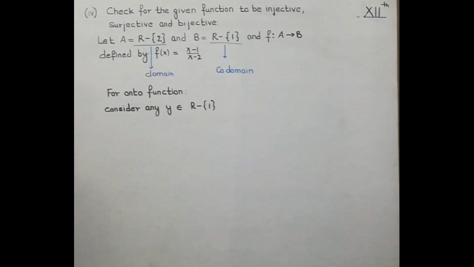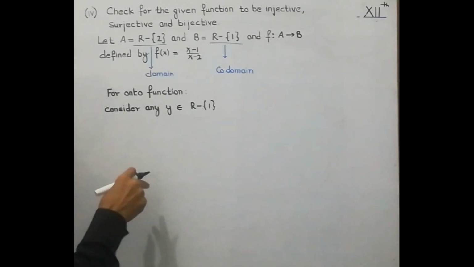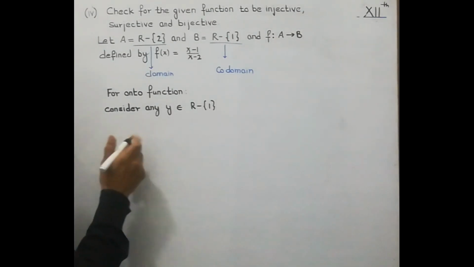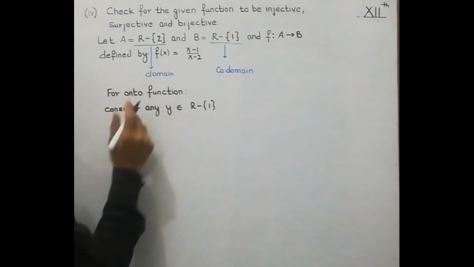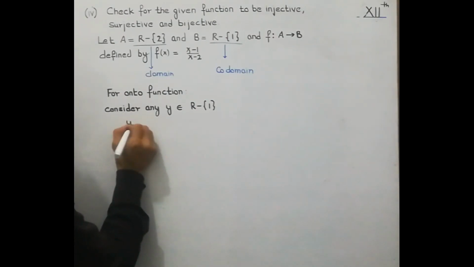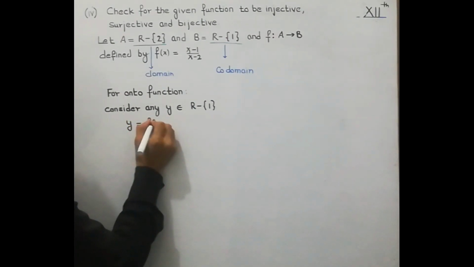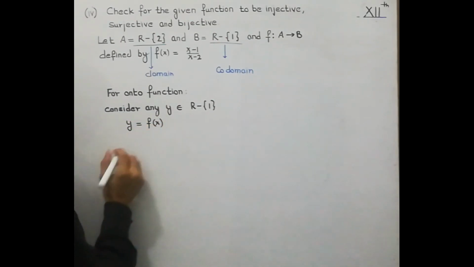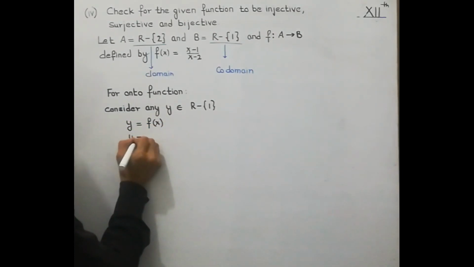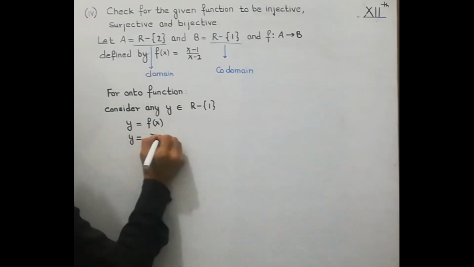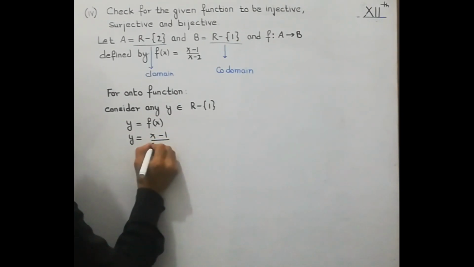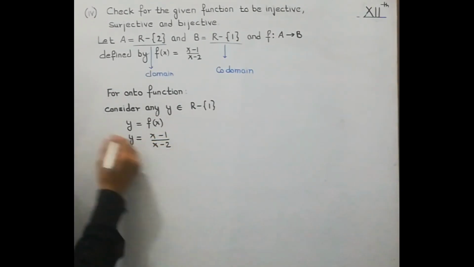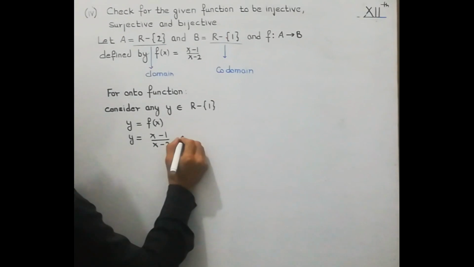And now we will try to find the pre-image in terms of y. Okay, so here we will take y is equal to, and now you cross multiply it.